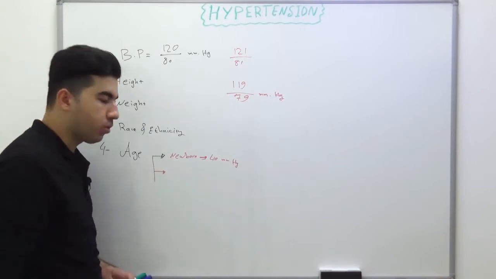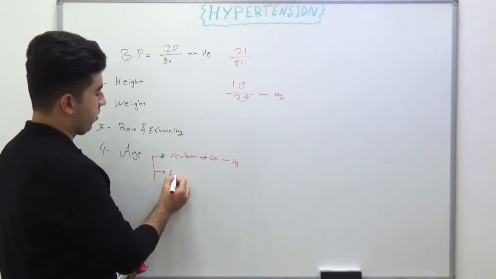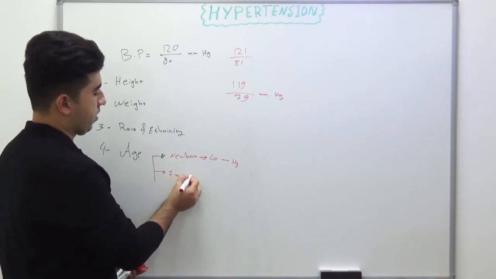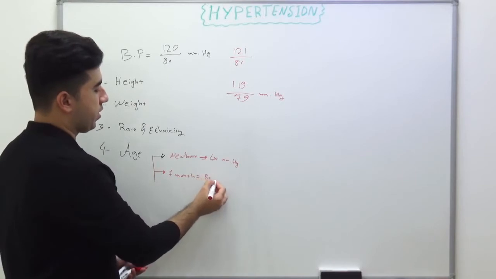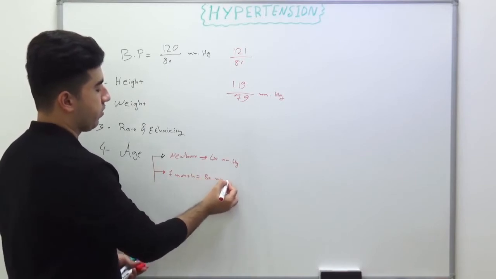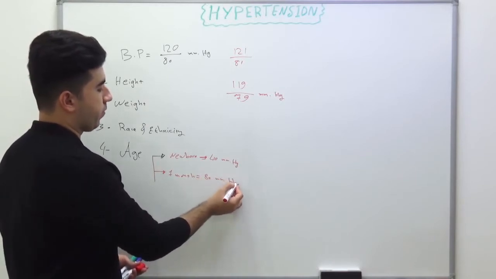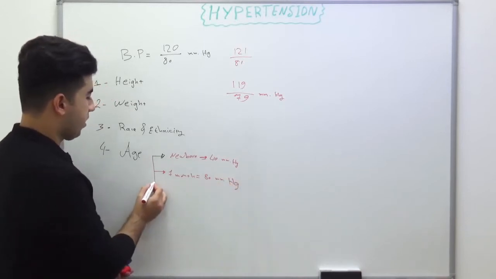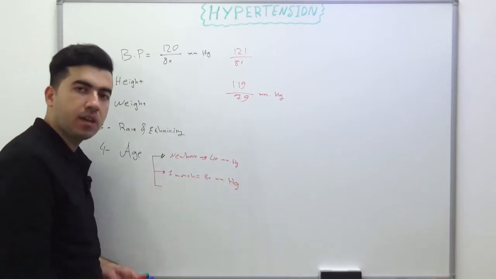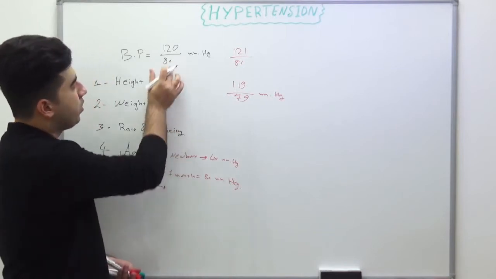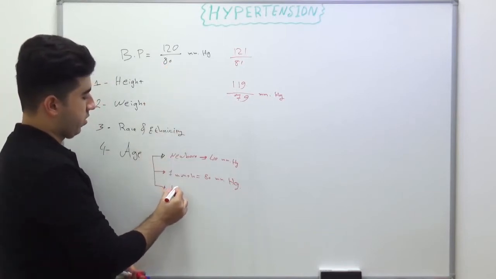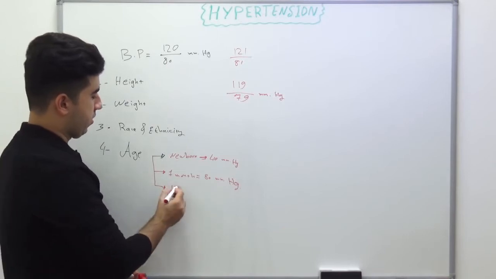At 1 month, the systolic blood pressure will reach about 80 millimeters of mercury. Then, by the age of 17, the adult blood pressure will be reached, which is about 120 over 80.